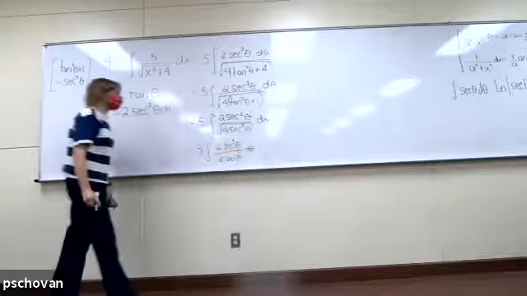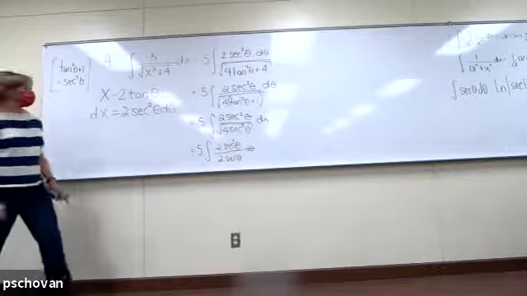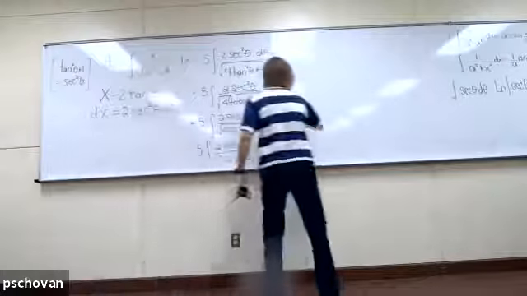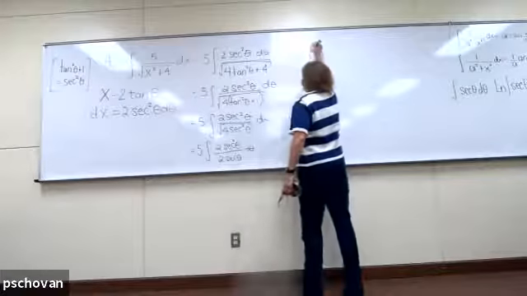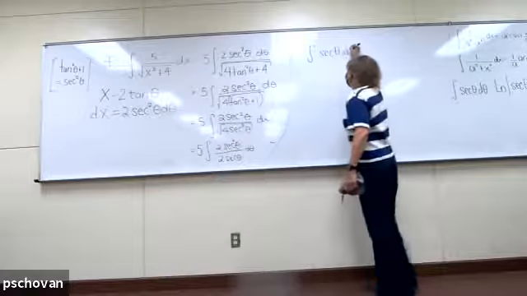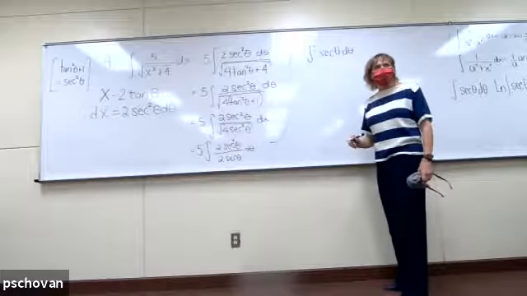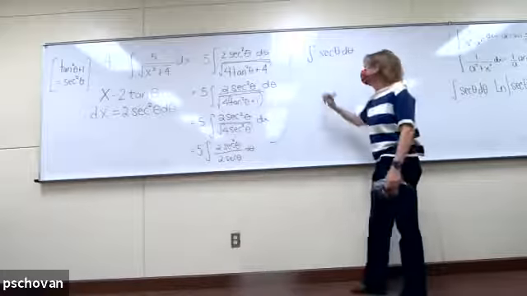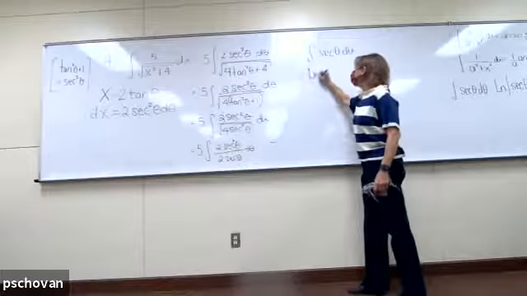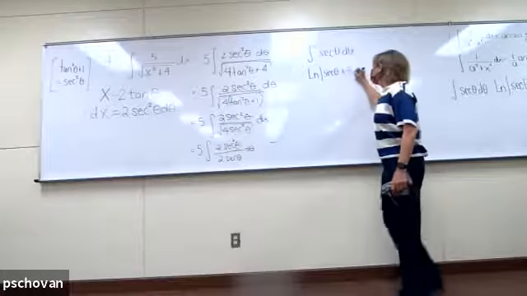So everything cancels, leaving me with just the integral of the secant of theta. And that's where we pull out our formula that we know: natural log of secant of theta plus the tangent of theta.